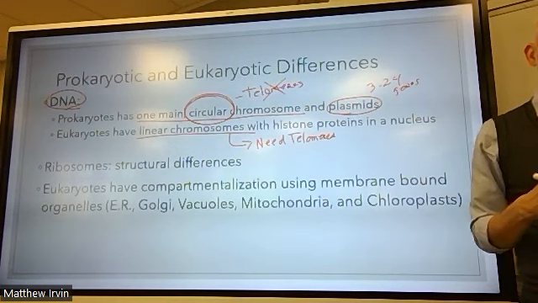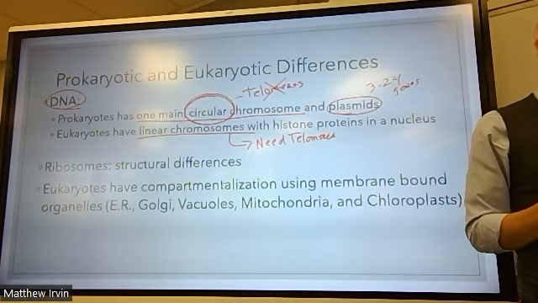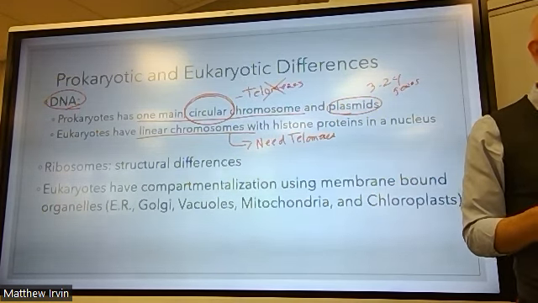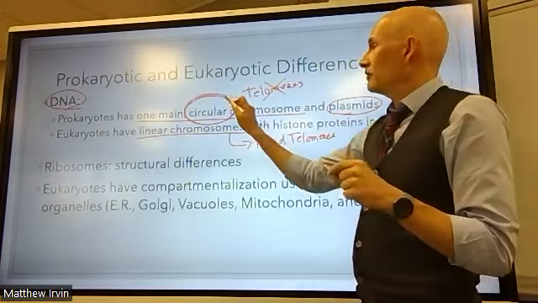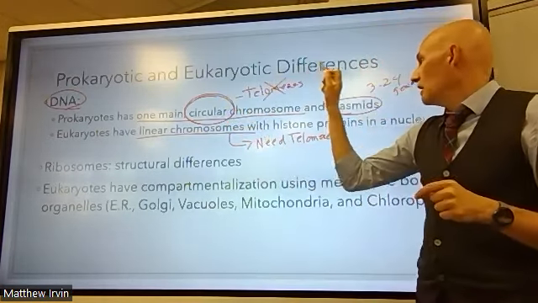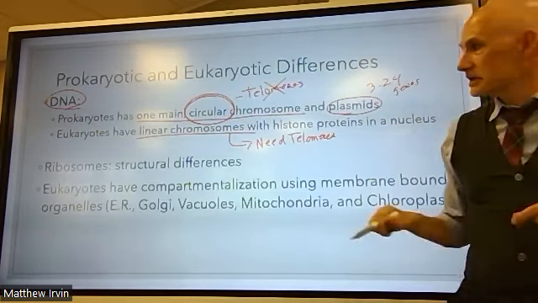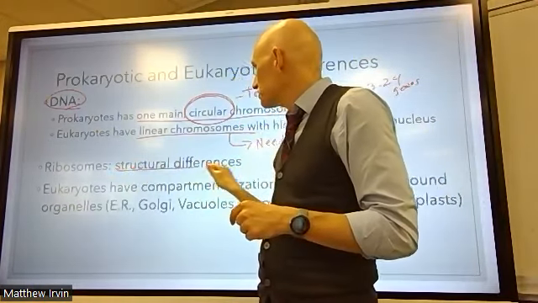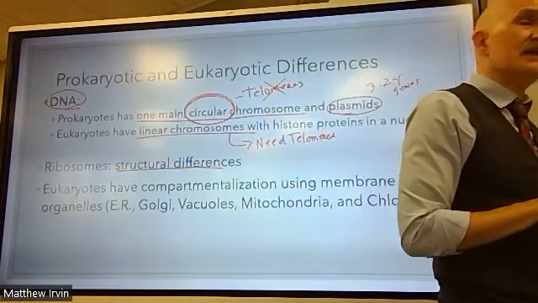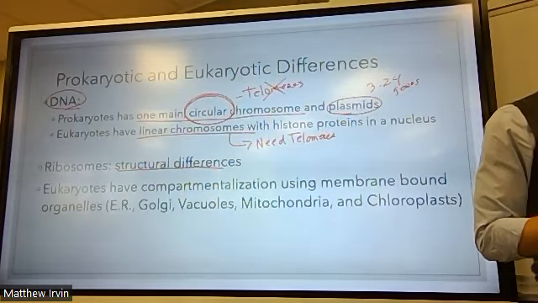And when we look at the genetics of mitochondria and chloroplasts, they have circular chromosomes and they have plasmids, just like prokaryotes. Other things, ribosomes are structurally different in their molecular sizes.